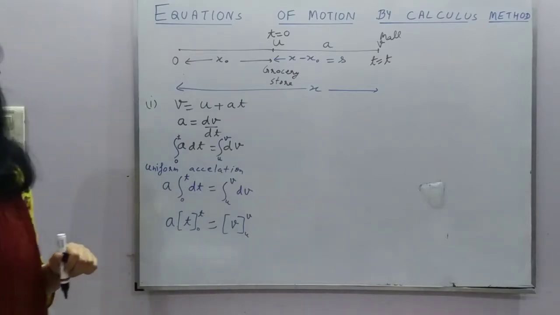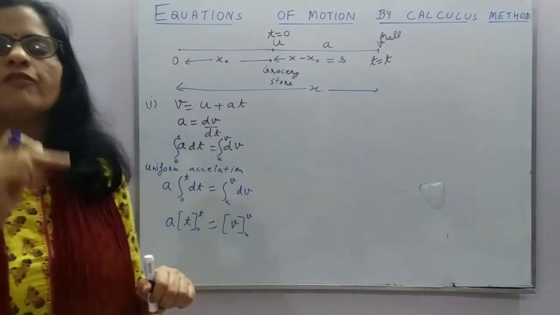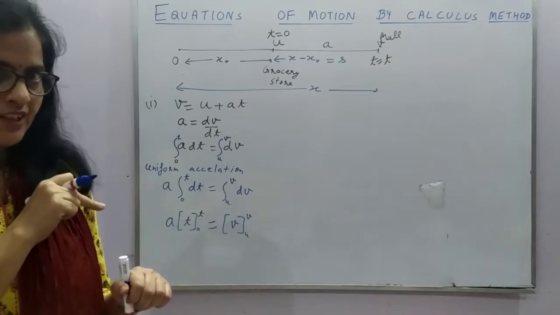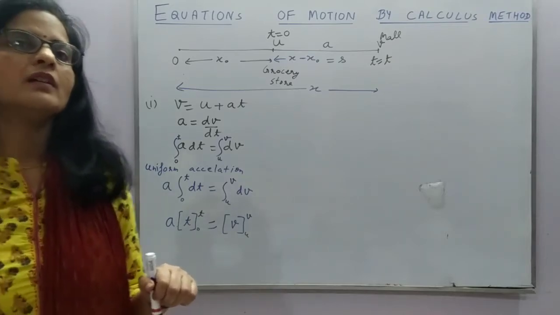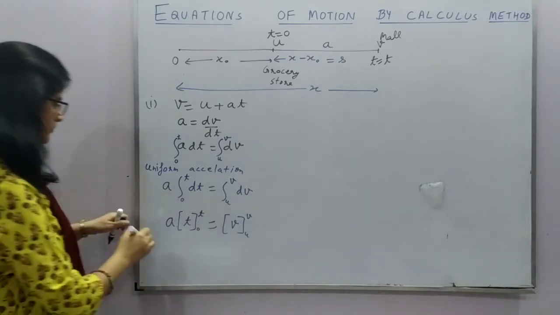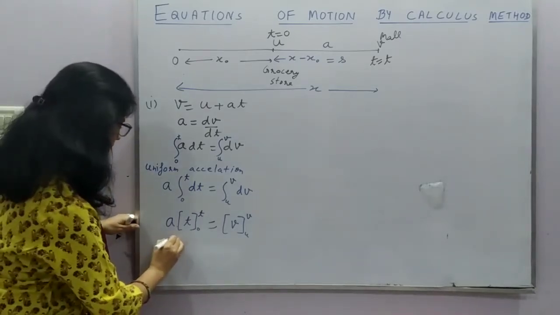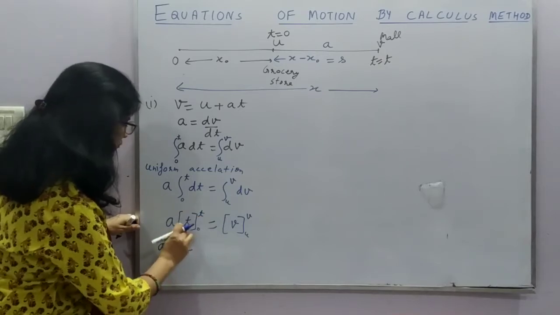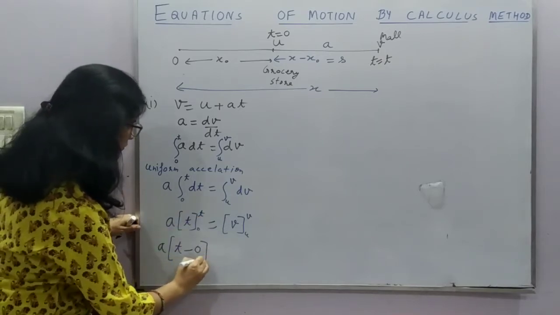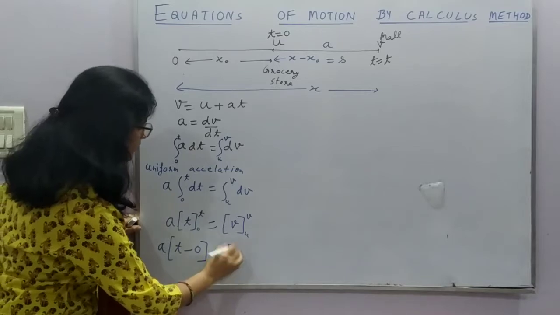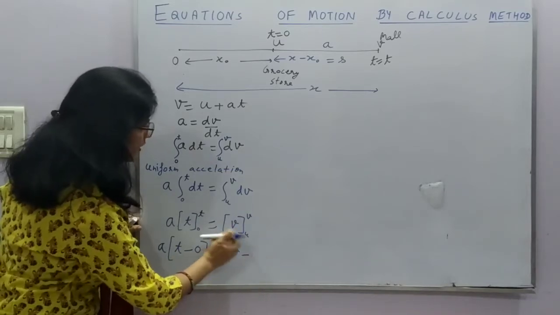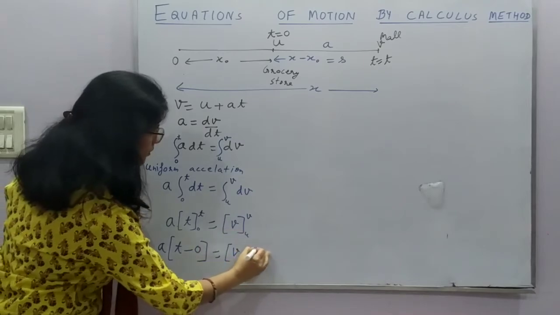We know how to solve definite integral. We put the value of upper limit for that variable first and then subtract the lower limit value. So this way, for t first we are writing t, and then for t we are writing 0, right? And on right side for v we are writing upper limit first, then subtract. For v we are writing u.